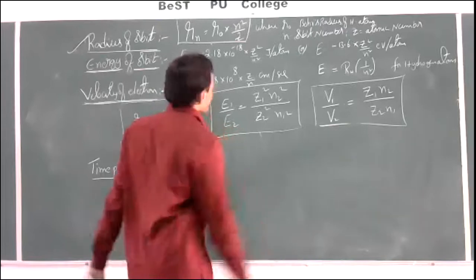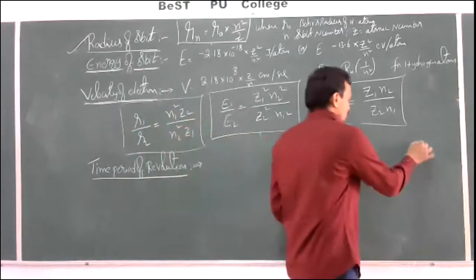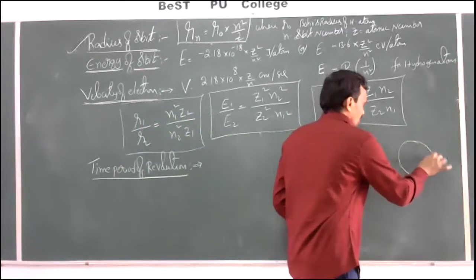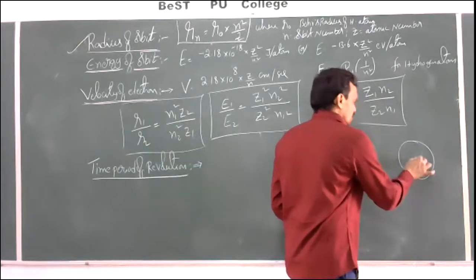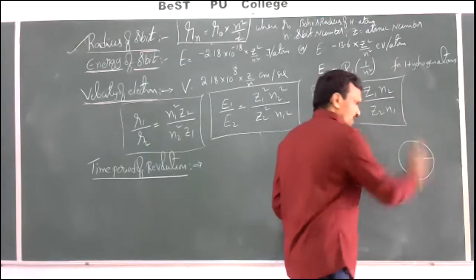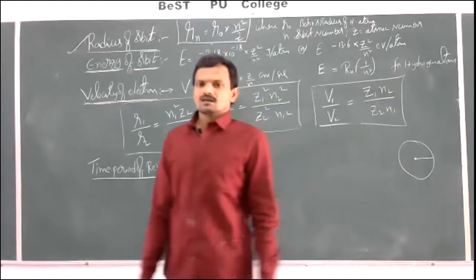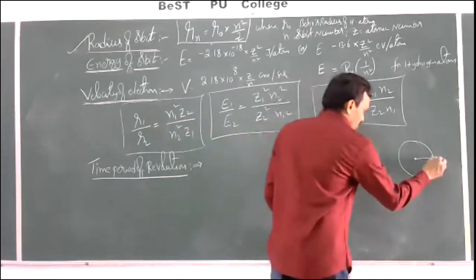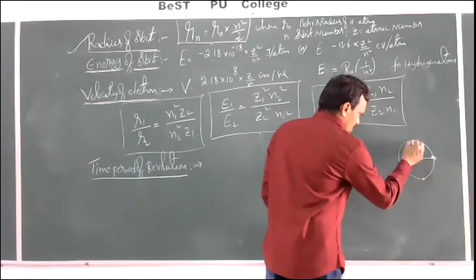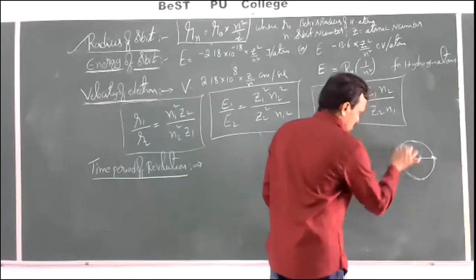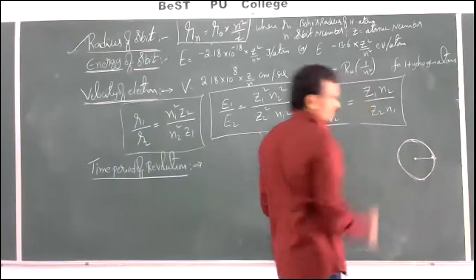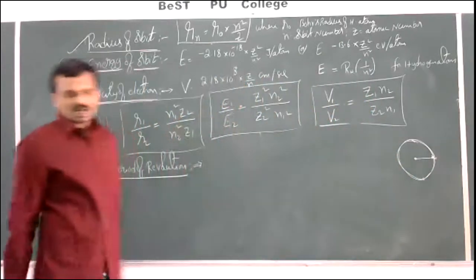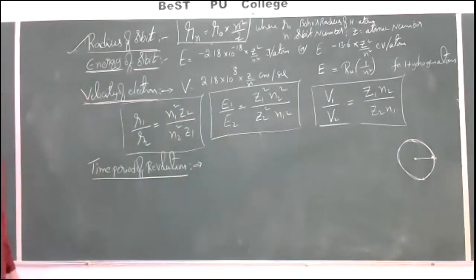When an electron is revolving in an orbit, what is the time taken for the completion of one revolution? Meaning, starting the electron here, to reach the same position again, up to here. To reach the same point, what is the time taken? That is called the time period of revolution.